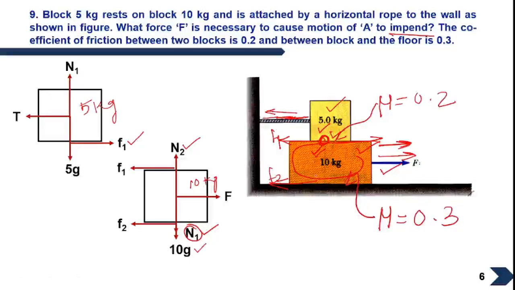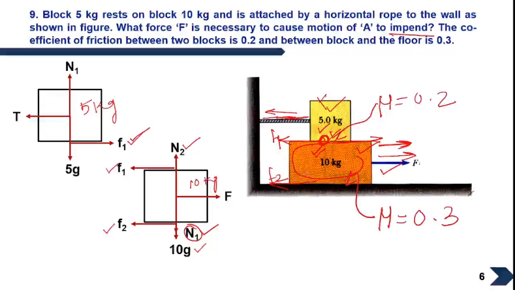I hope this has cleared up why F2 friction and F1 friction are coming for the 10 kg block, and why only F1 friction is coming for the 5 kg block. Since the 5 kg block has only one surface in contact, with nothing touching from the top, it has contact only over here, and hence it has one friction force.